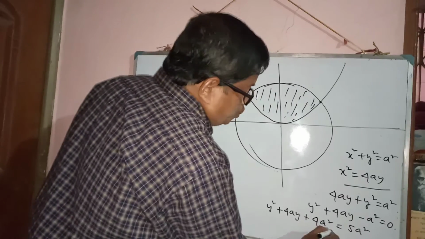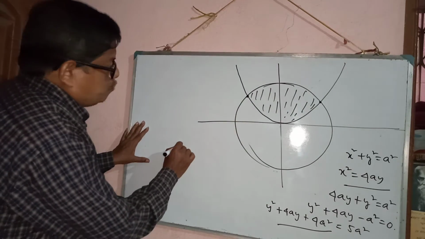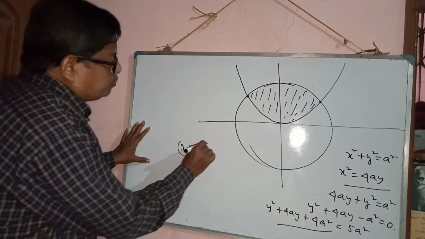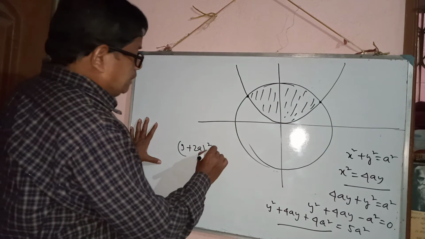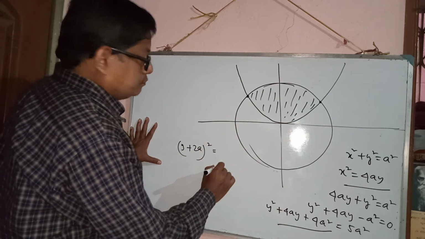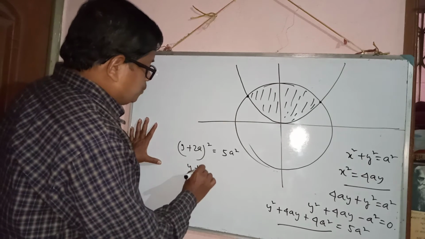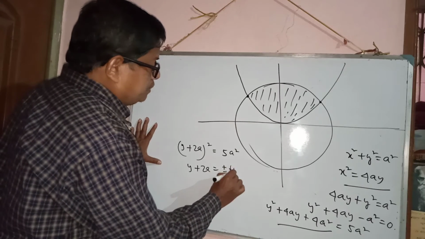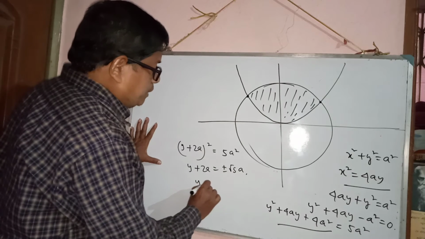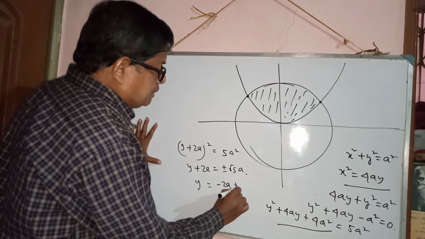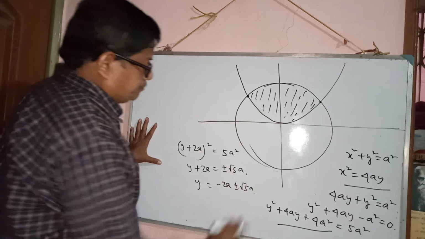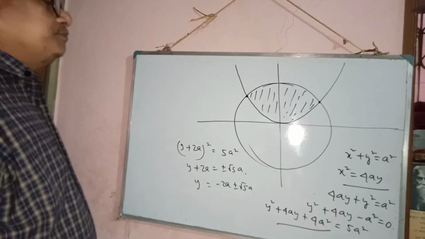So this part will be y plus 2a whole square equal to 5a square. So y plus 2a equal to plus minus root 5a. So y equal to minus 2a plus minus root 5a.